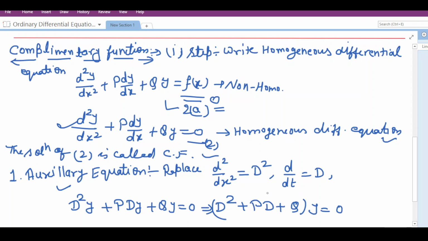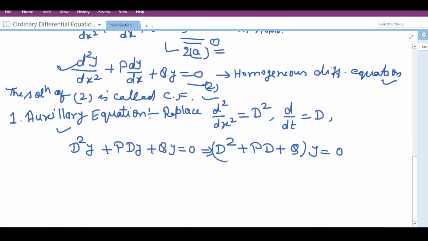Here what we did? We just separated the operator form and the dependent variable. This is not called commoning. Most of the professors or most of the students think that we have taken y common from this particular expression, but in reality this is not so.